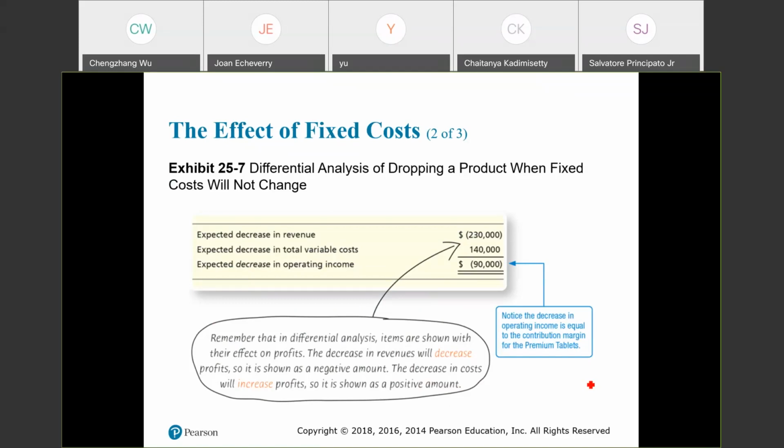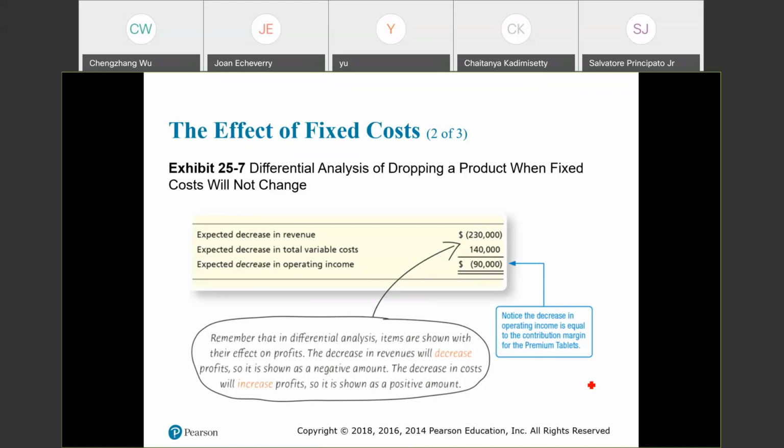Let's assume that this company's total fixed cost is $321,000. That is unavoidable whether or not the company drops the premium tablets.